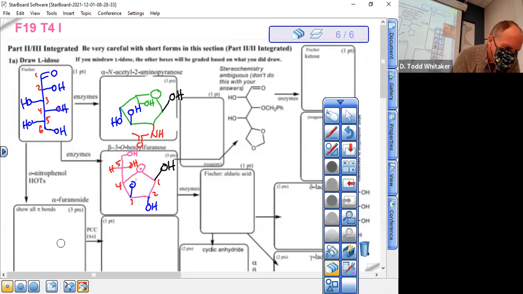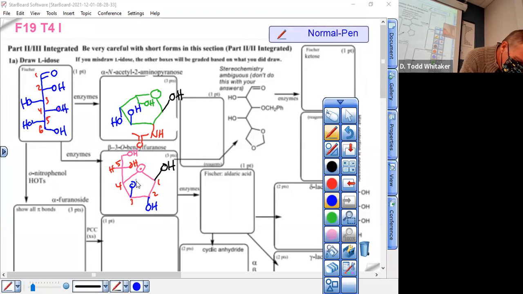And be careful with short forms in this section. I'm not going to take any chances. I'm going to draw the world's smallest phenyl here. I didn't do it very well. Skinny pen. There.